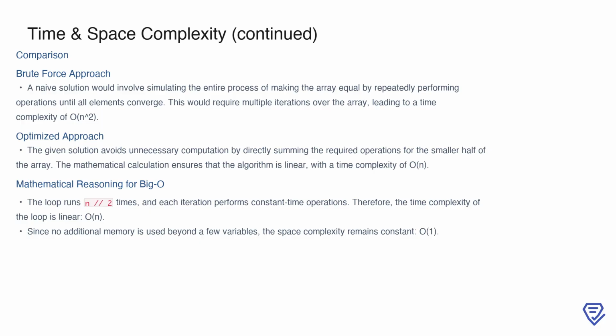This approach reduces the time complexity to O(n), making it significantly more efficient. The linear time complexity comes from the fact that the loop runs n divided by 2 times, with each iteration performing constant time operations. Additionally, since no extra data structures are used, the space complexity remains constant at O(1). This mathematical precision ensures that the algorithm is both time and space efficient.